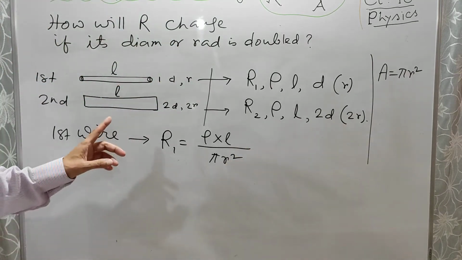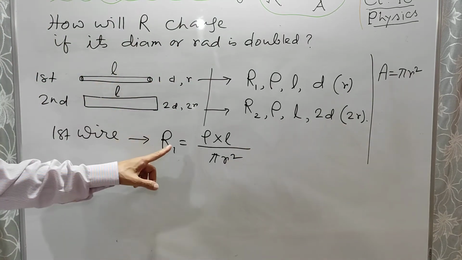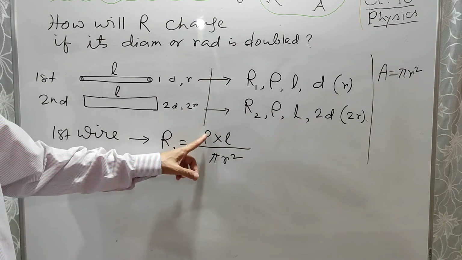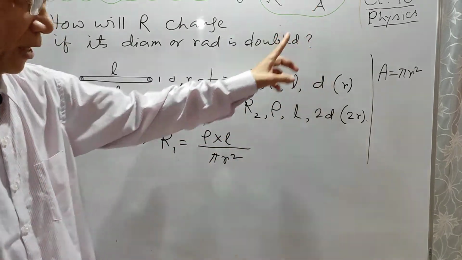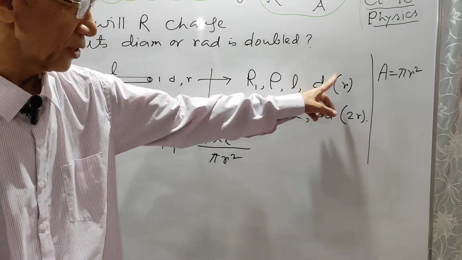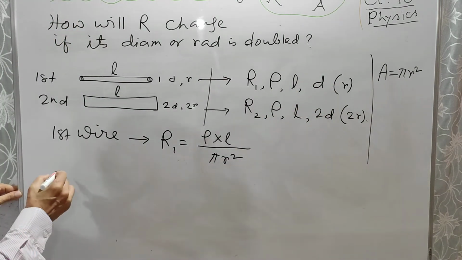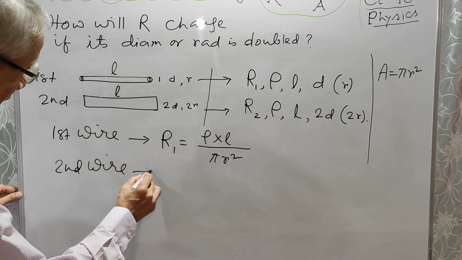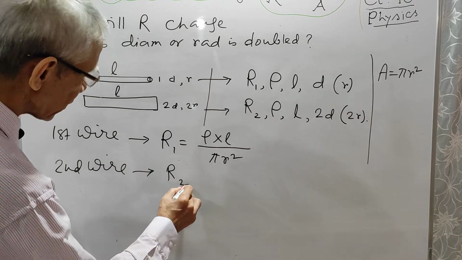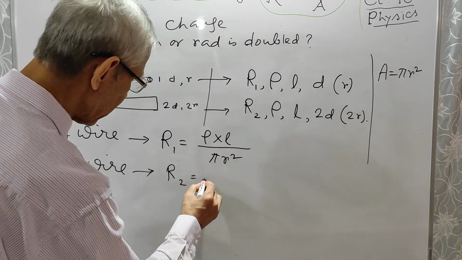You follow? So for the first wire, resistance R1 is rho into L, length is L, and cross section area is pi r square, radius is r. Then for the second wire, resistance is R2, isn't it?